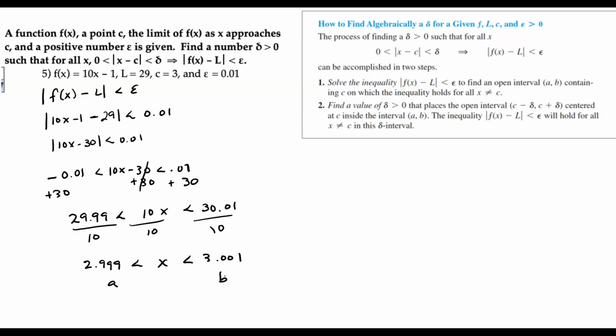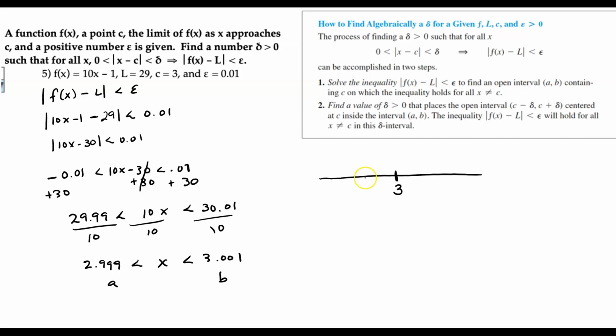So what we can do is draw out our number line. Our c value that we're investigating around is the number 3. Now notice the 3 we didn't utilize anywhere, but notice how conveniently it works, because the inequality for the limit has to tell us around what x values we're going to be looking at in order to find a limit of 29.